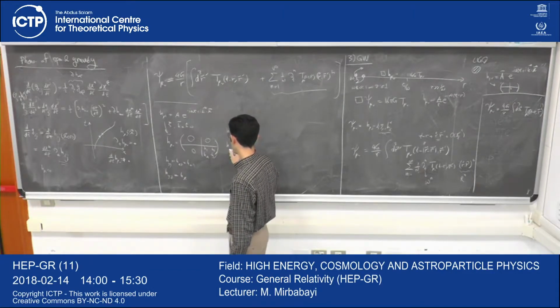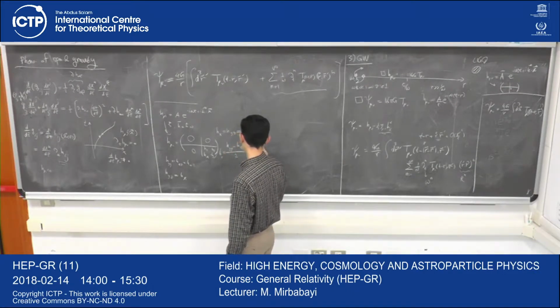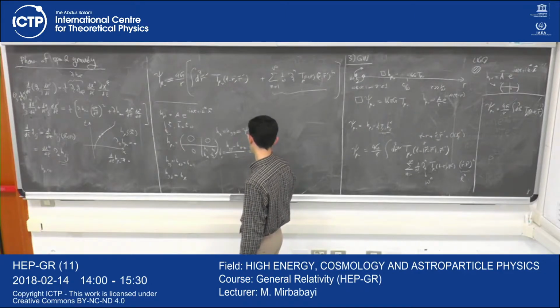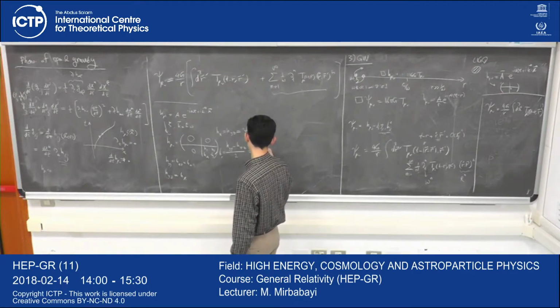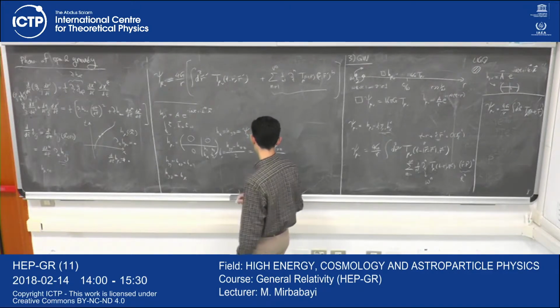And h yy minus h zz divided by 2, so this was h cross, and this was h plus, is going to be the same as psi yy minus psi zz divided by 2.